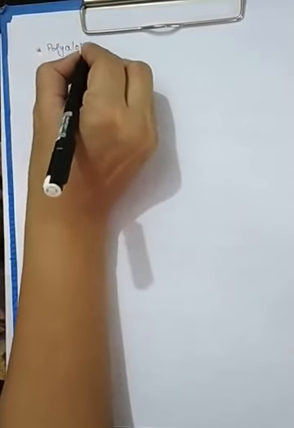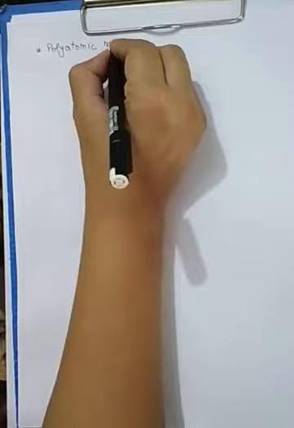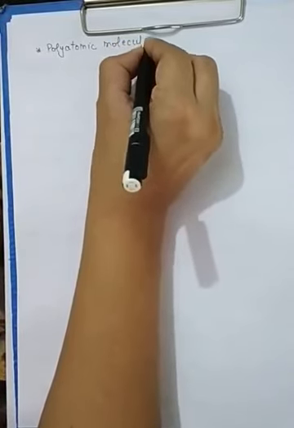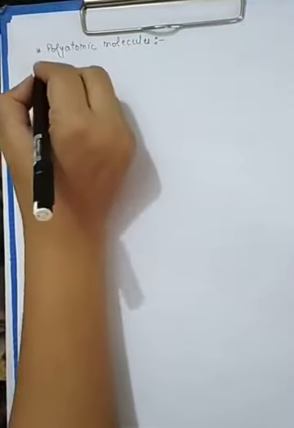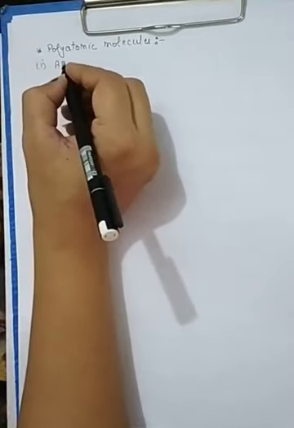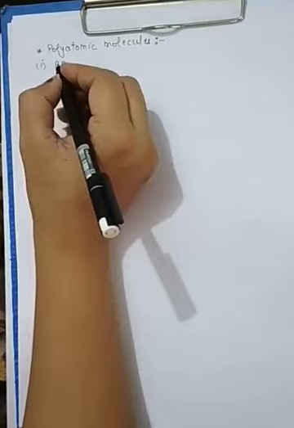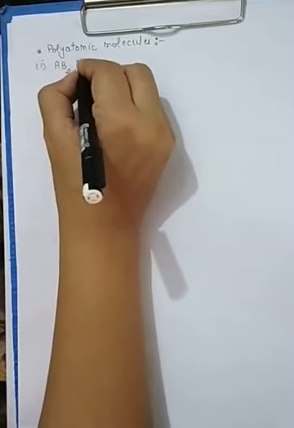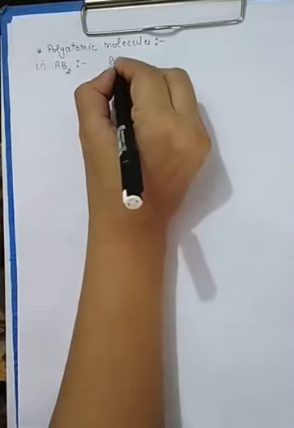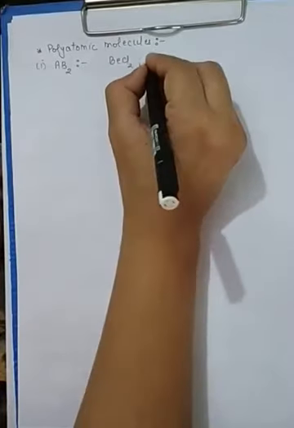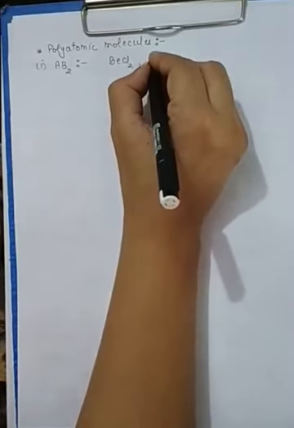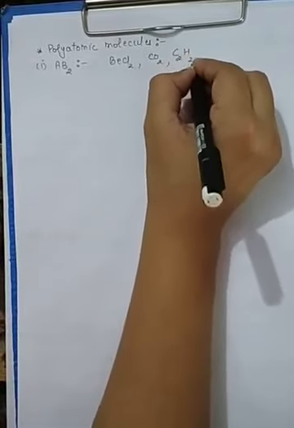Now the next type is polyatomic molecules, which have more than two atoms. The first one is of AB2 type. In this we will take the examples of BeCl2, CO2, C2H2.